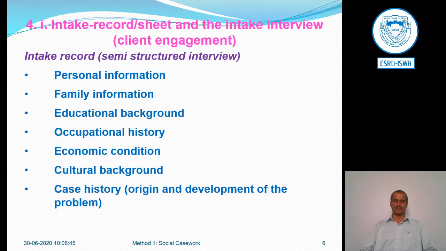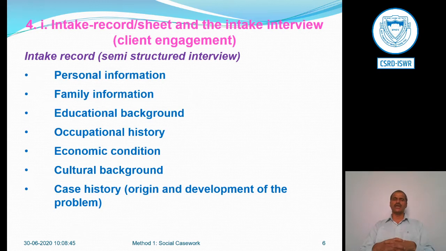Educational background: what are his educational qualifications, whether he is a school dropout, whether he is undergoing any professional education, technical education, etc. Occupational history: if the client is an adult, some information about his past occupation, present occupation, and the present status, whether he is employed, unemployed, or underemployed.